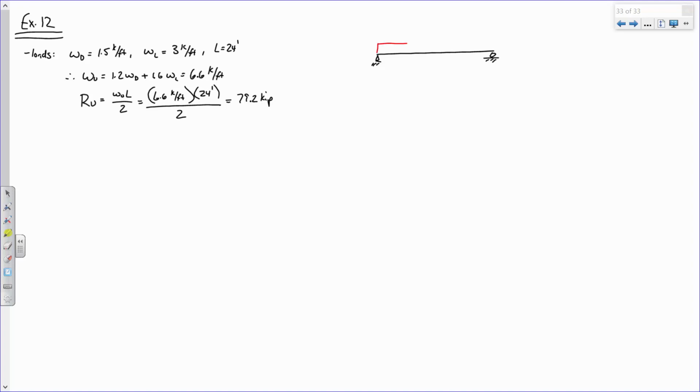It is being subjected to what? 6.6 kips per foot? Is that what you said? And then the reactions, 79.2 kips. And then this dimension is 24 foot. Is that what you said?